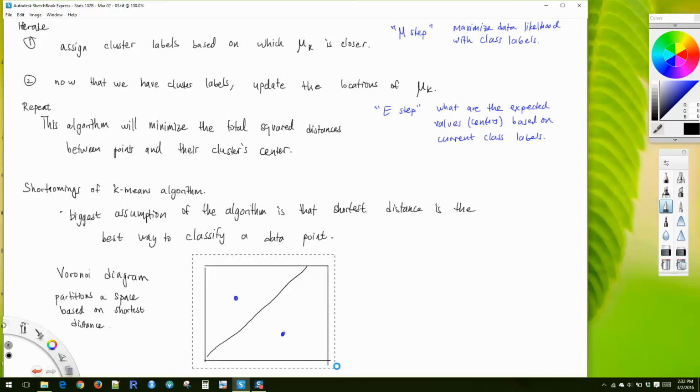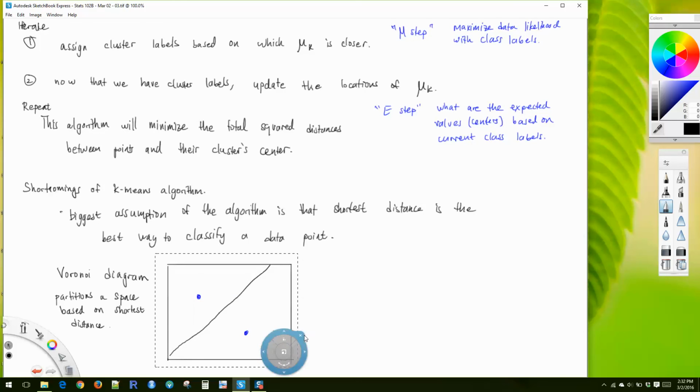So if you've got two centers, it's going to partition it like this, and any data point on this side of the line is going to belong to this group. Any data point on this side of the line is going to belong to this group.